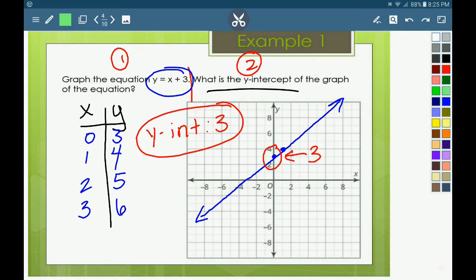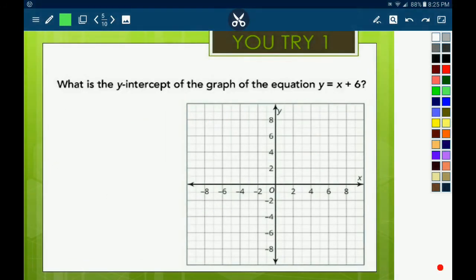If you notice, in our table, the y-intercept is the same as when x is equal to 0. So whenever in a table you see that x is equal to 0, the y value is your y-intercept. That 3 right there is indicating what our y-intercept is. Let's have you try this on your U-Try.